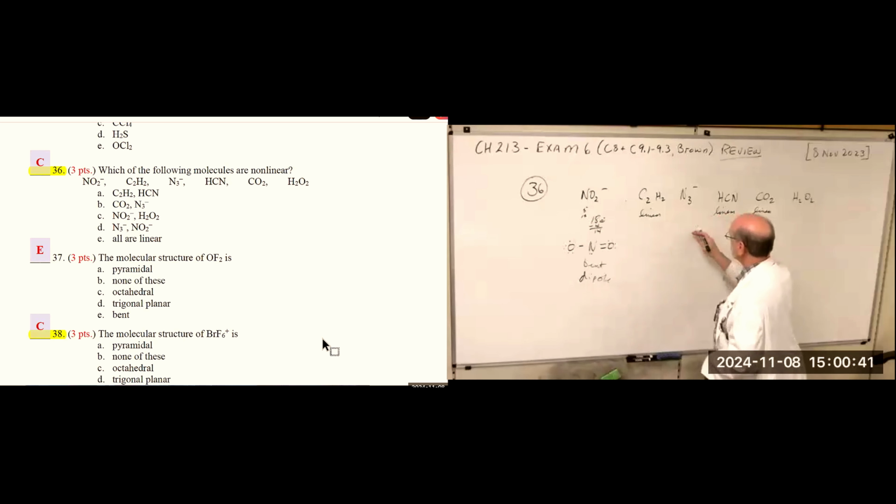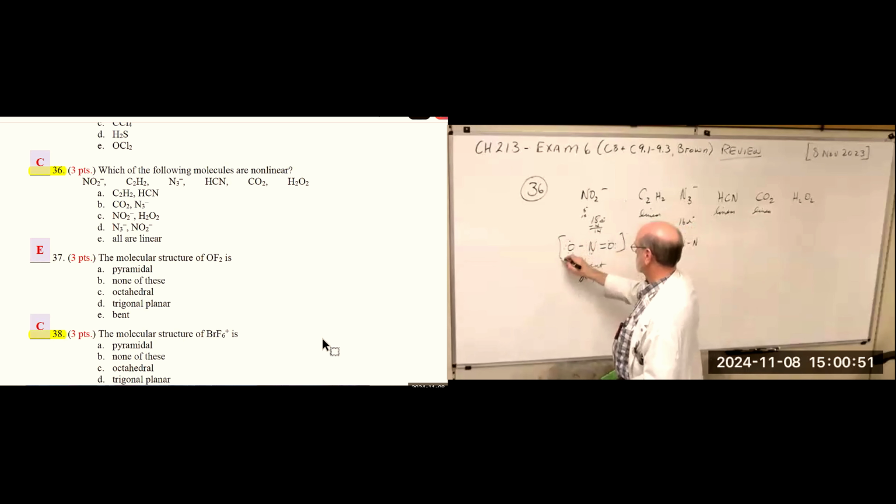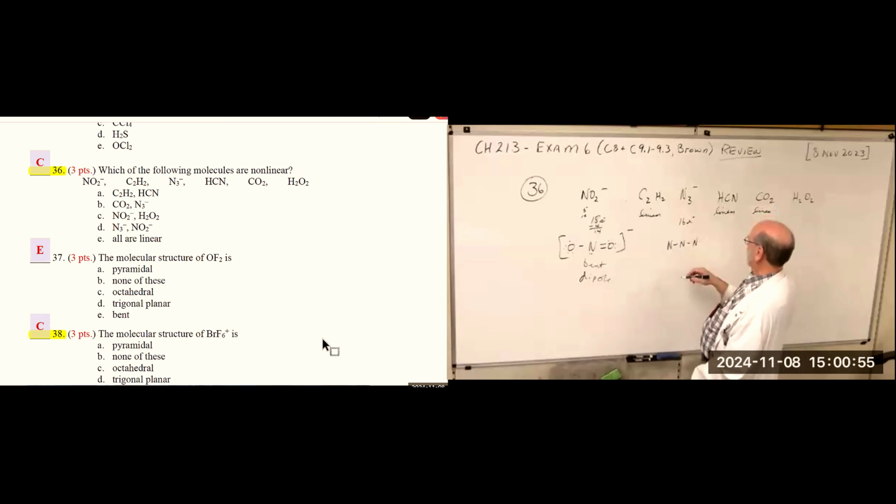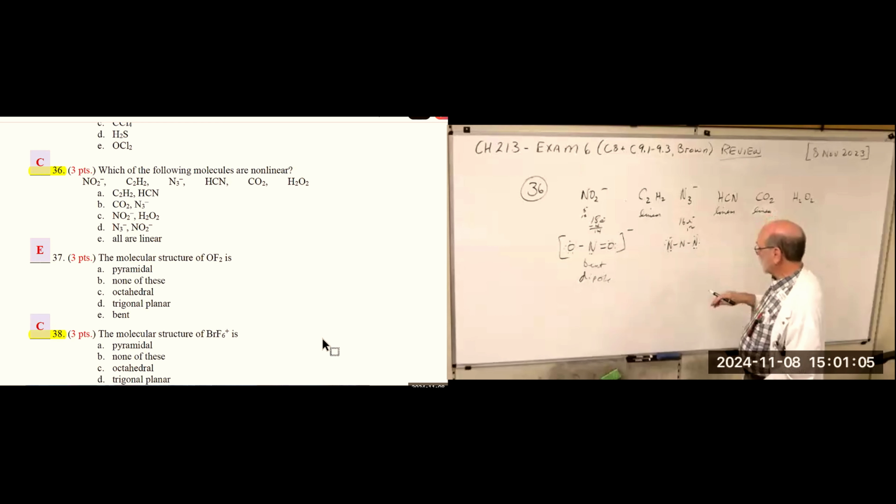And this one is 16 electrons. N, got my charge. Let's see. 4 would be 12 electrons left over. 2, 4, 6, 8, 10, 12. Okay. Now we want to make an octet.